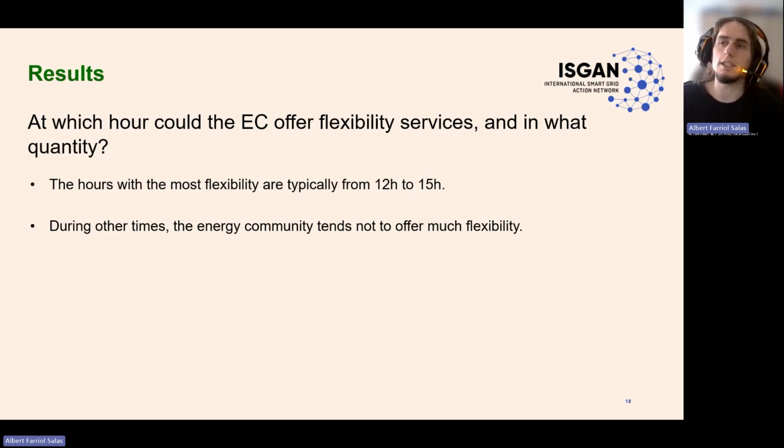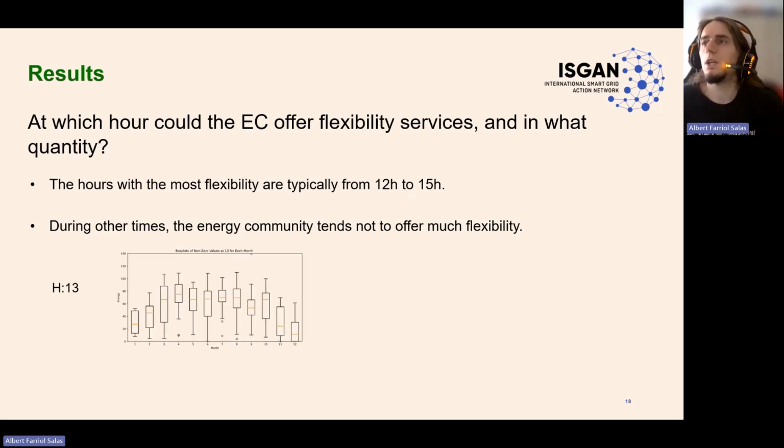And here is an example of the hour 13. We made box plots to know how much flexibility the energy community could offer to the DCO. We have seen that months 4 to 8 are the ones that could offer more flexibility, at least in mean. I don't know how familiar everyone here is with this, but this is a box plot.